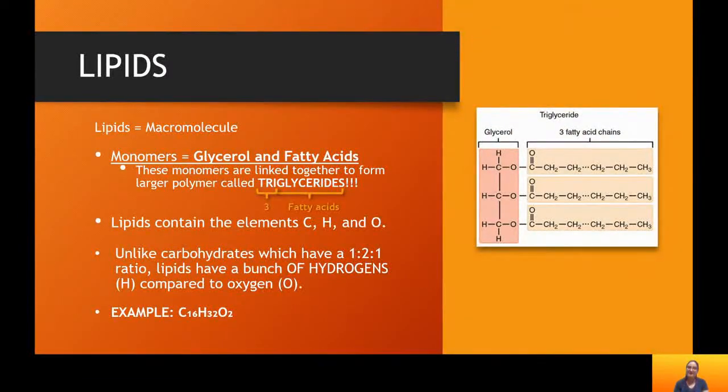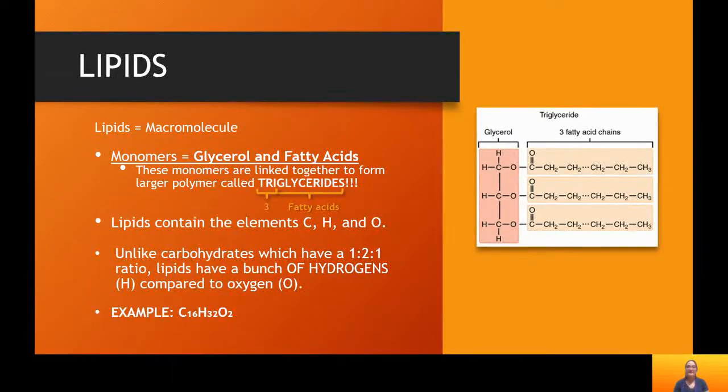So lipids are our macromolecule. The monomers, here it's something interesting because it's not just one thing, but a combination of two things that make the monomer. It's glycerol and fatty acids. As long as there is one glycerol and one fatty acid together, that is the monomer for a lipid.